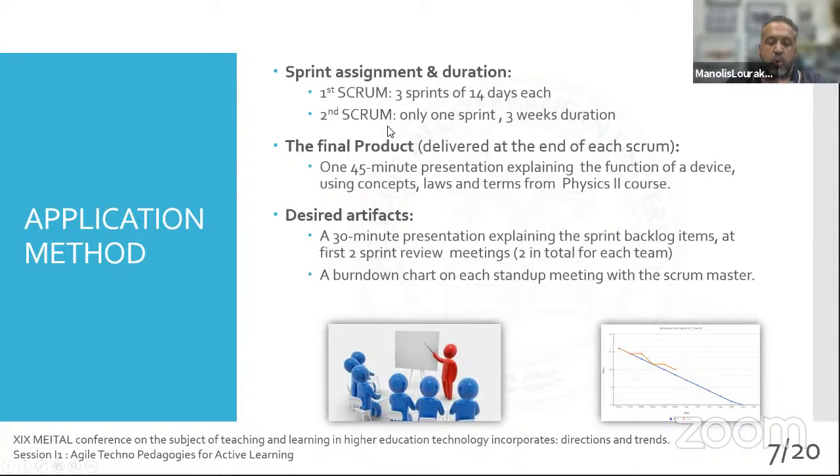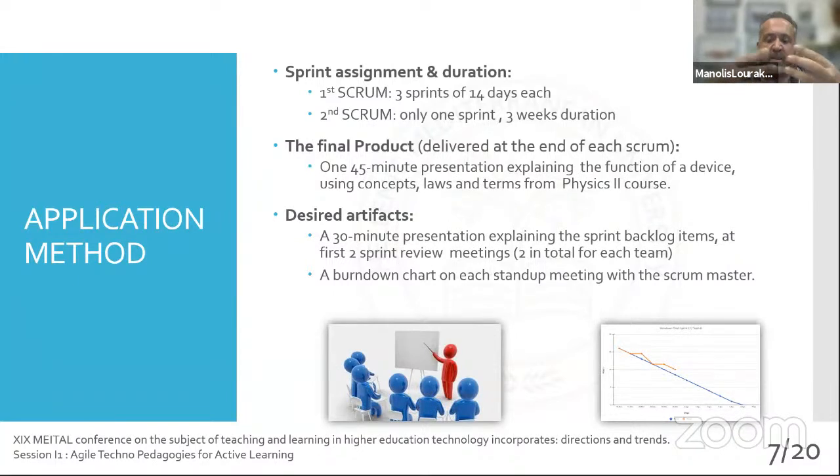The final product, what we asked the students to deliver to us, was one 45-minute presentation explaining the function of an electronic or electrical device, but using concepts, laws, and terms from the Physics 2 course, not popular science.